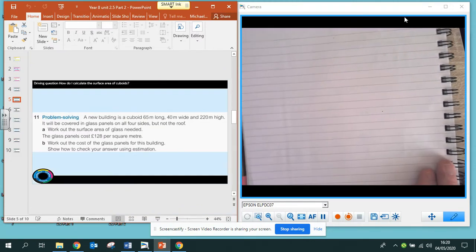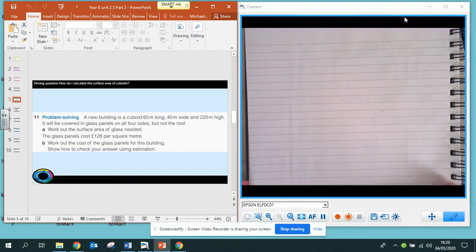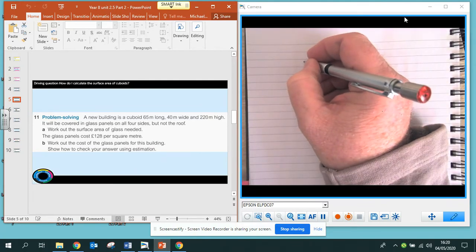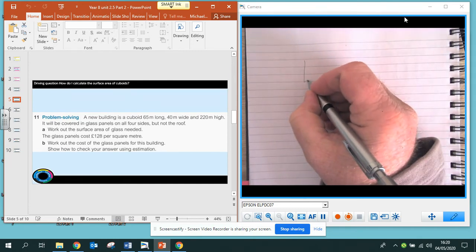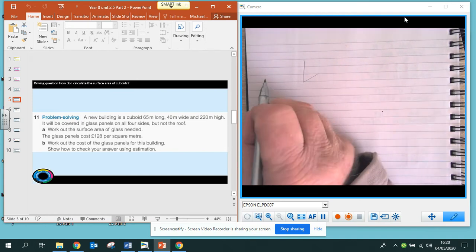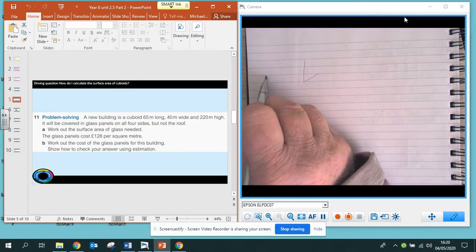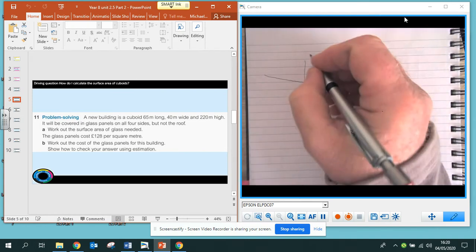Okay, I'm going to start this one off with a bit of a diagram to show you what we're actually dealing with. So I'm going to very, very quickly draw a quick sketch of what we've got here.